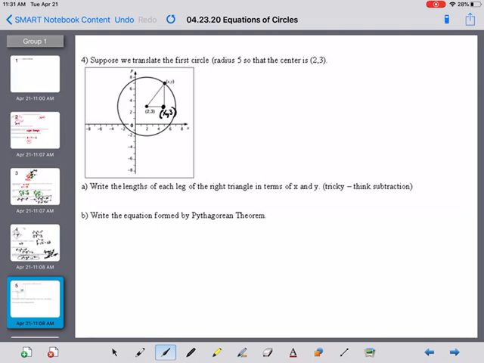That point is x comma 3. And now you can find the length of each side. So this length is x minus 2. And this length, you subtract the y's, y minus 3.